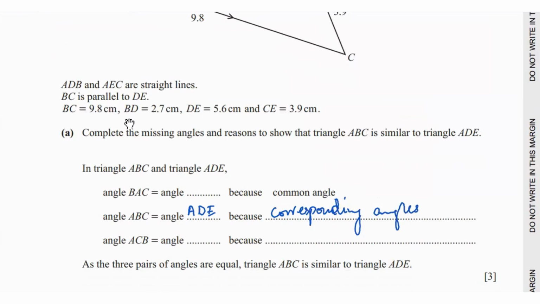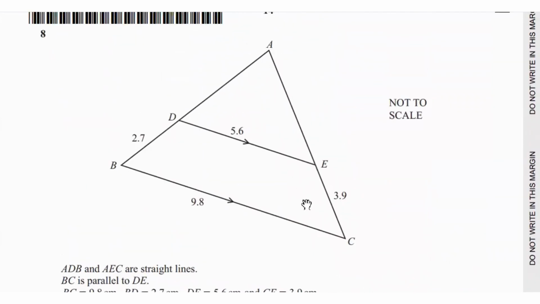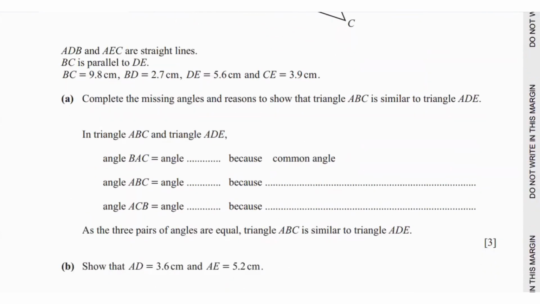Then angle ACB is equal to angle AED because again, corresponding angles. As the three pairs of angles are equal, triangle ABC is similar to triangle ADE, which is completely correct.